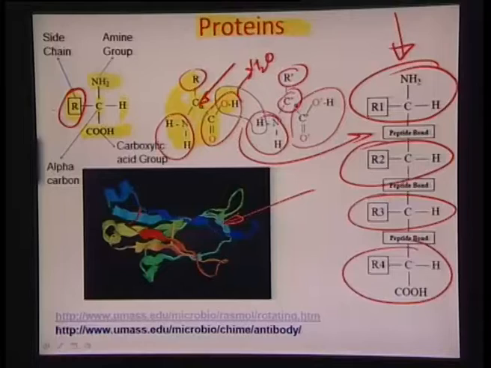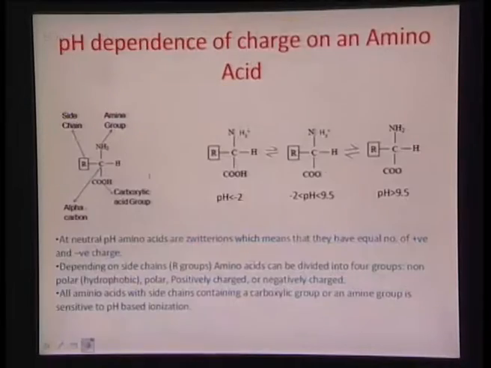All right. So, essentially, let us look at some of the interesting things and the pH dependence of such an amino acid. If you look at this carboxylic moiety here, it is a COOH, an acid group, a carboxylic acid group, and you have an amine group.